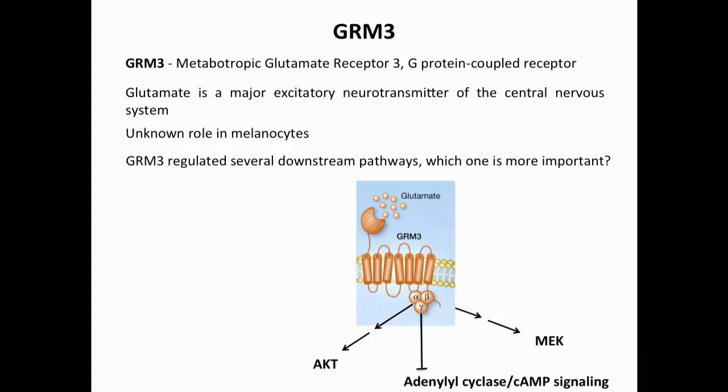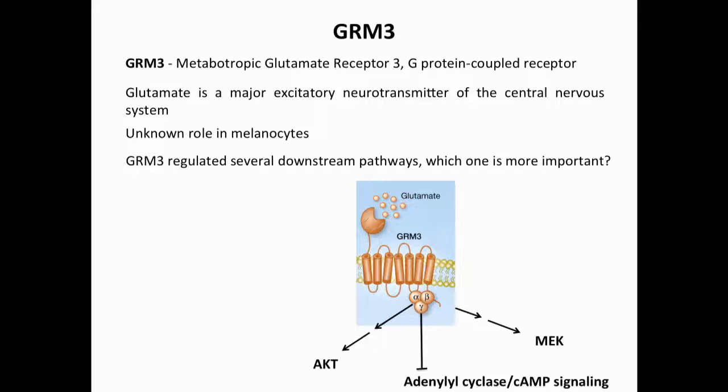So the first question is, what is GRM3? It's metabotropic glutamate receptor 3, a G protein coupled receptor, and glutamate is a major excitatory neurotransmitter of the central nervous system. But the role in melanocytes is unknown.